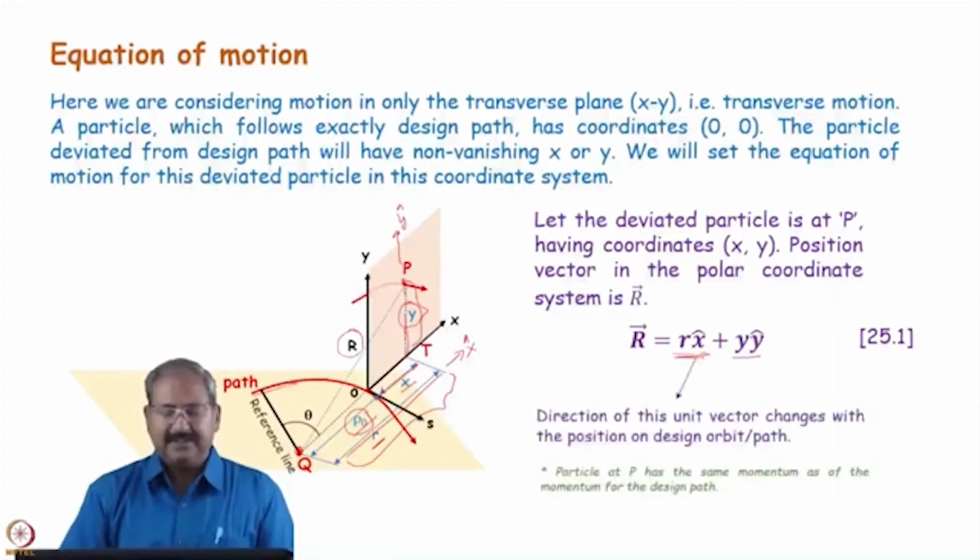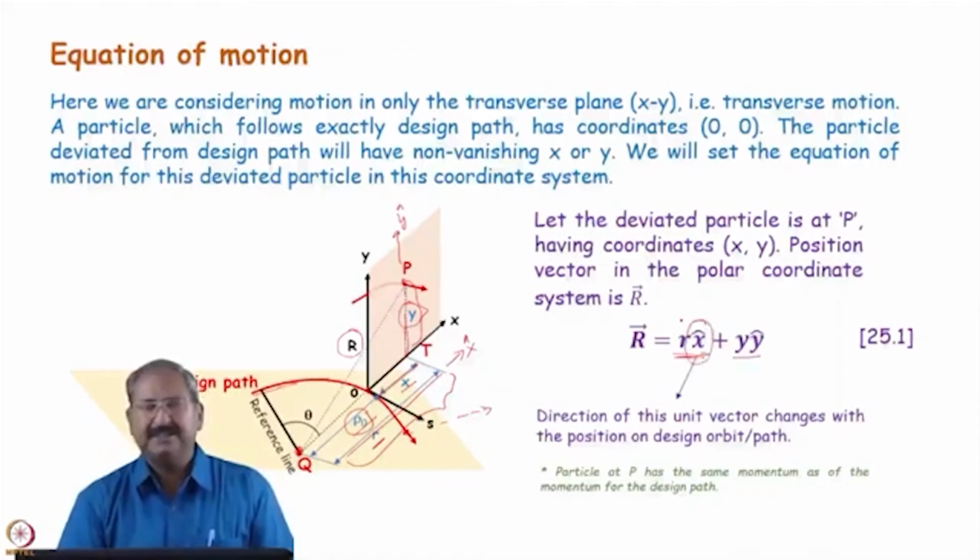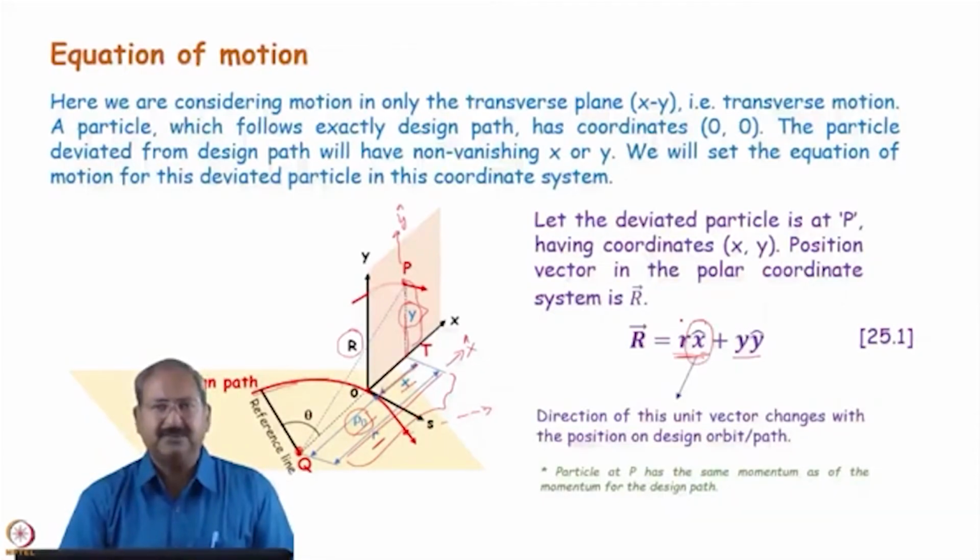Now if the synchronous particle comes here, then our x will be in this direction. So you can say that the unit vector x changes its direction with the course of motion. So our unit vector in this coordinate system is not constant. It changes with time.